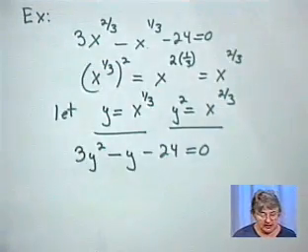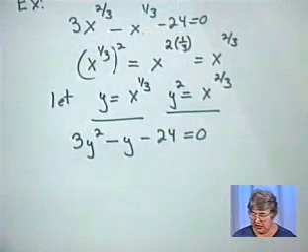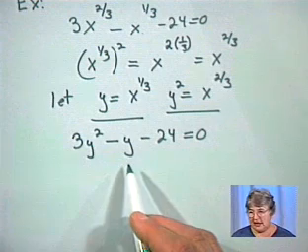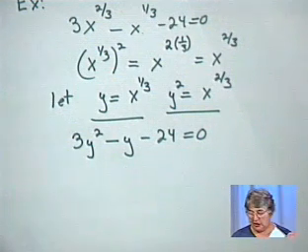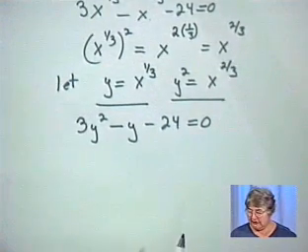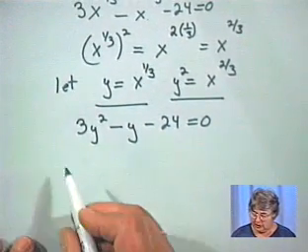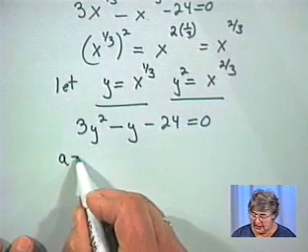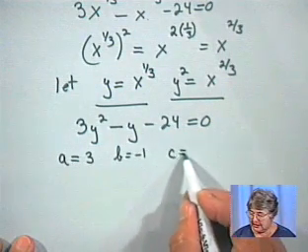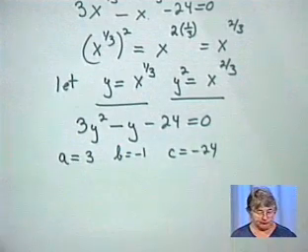Once again, we can use the techniques for solving quadratic equations. This particular equation is going to factor, but it might take a while to try to find the factors, so maybe we could use the quadratic formula. So let's say A equals 3, B equals -1, and C equals -24.